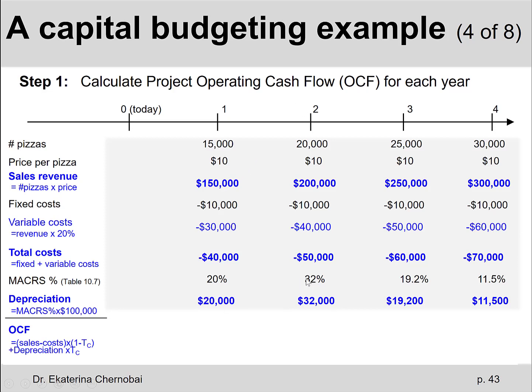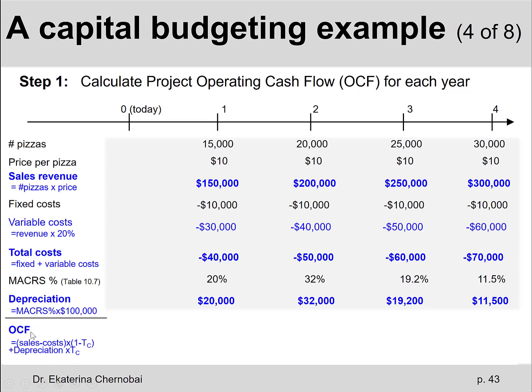For the second year, the depreciation rate is 32%, which gives $32,000 in depreciation for that year. For year 3, the depreciation rate is 19.2%, which gives $19,200 in depreciation. And for the 4th year, the depreciation rate is 11.5%, which gives $11,500 in depreciation.